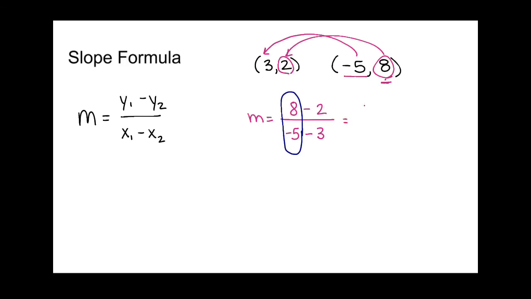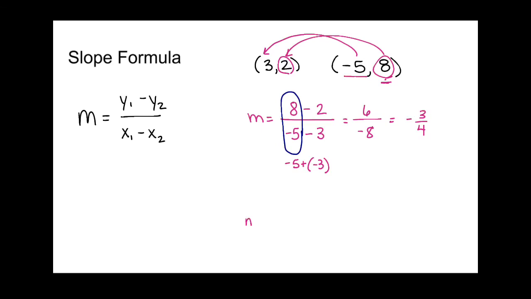So 8 minus 2 is 6. And -5 minus 3 is the same thing as -5 plus -3, which is -8. And then we can reduce that to -3/4.